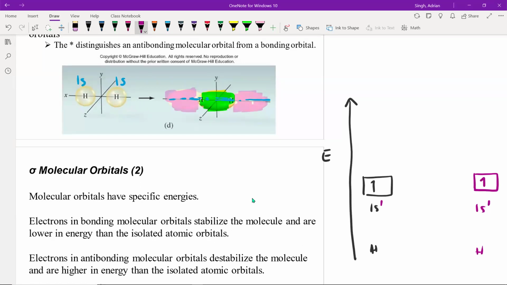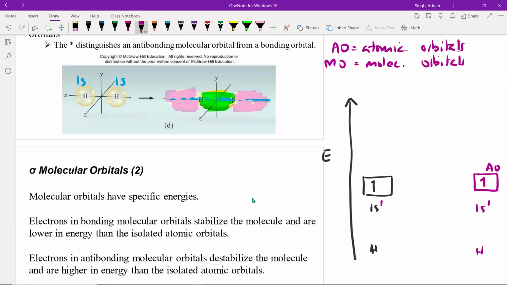Like this, when these two atomic orbitals combine, we're going to get two molecular orbitals, right? We'll refer to these as AO, atomic orbitals, and then MO obviously is going to be our molecular orbitals that belong to the entire molecule.